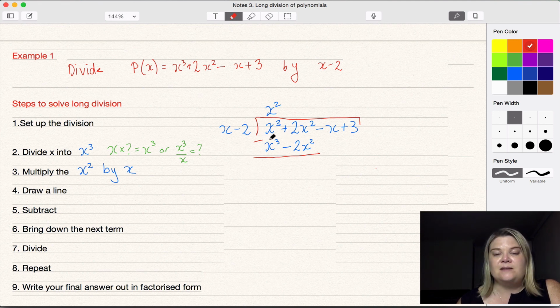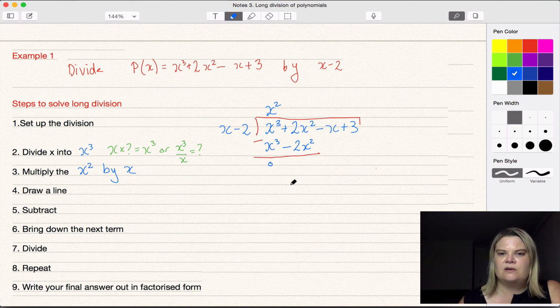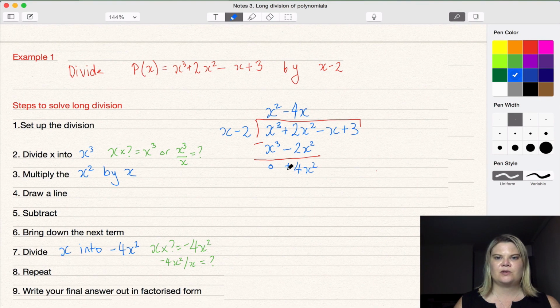Just put it in, it's easy. Then we subtract this from this. X cubed, take away x cubed. Because I said these two should always be the same, you'll always end up with 0. Again, it's a check. If you don't, then you need to go back and check because you've made a mistake somewhere. Negative 2, take away negative 2 is positive 4, and it's x squared.